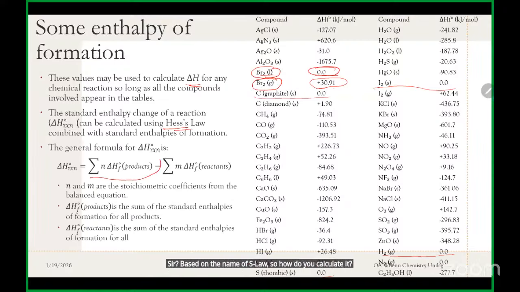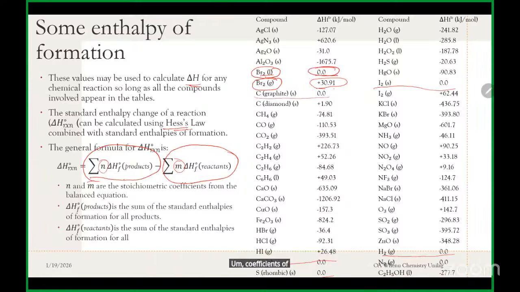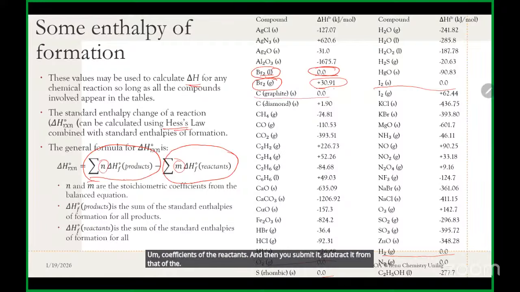You look for the enthalpy of formation of the products, sum it up together. Remember to multiply it by their stoichiometric coefficients. Why? Enthalpy is an extensive property. And then look for that of the reactants, sum it up together, while also minding the stoichiometric coefficients of the reactants, and then you subtract it from that of the products.